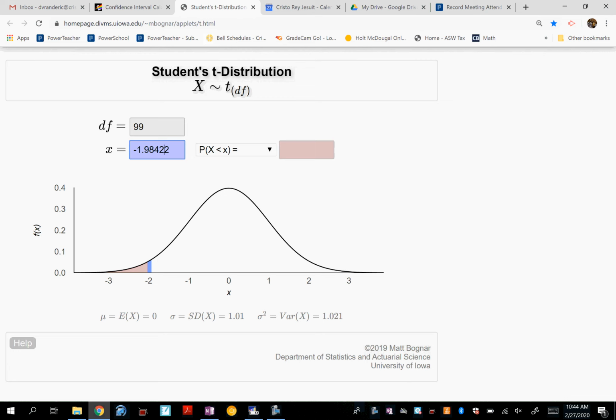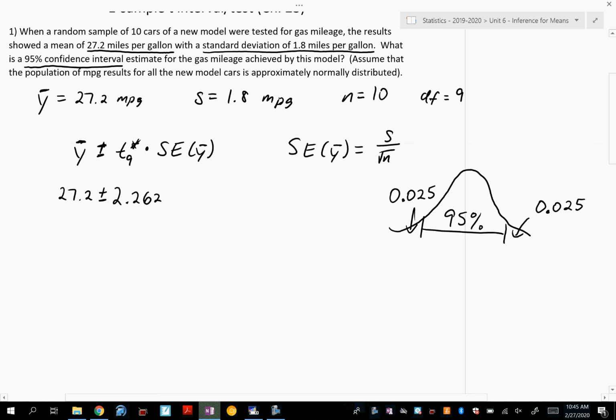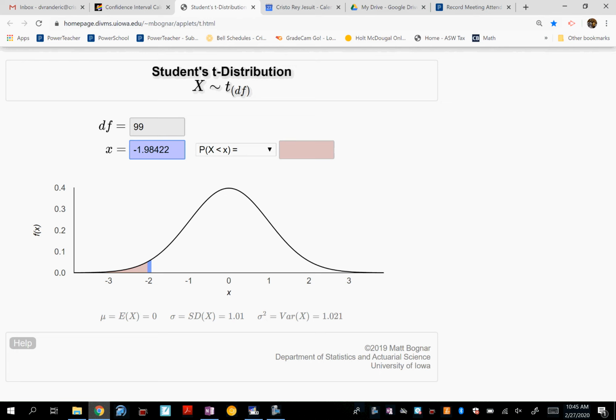Can't do that. So for the 95% confidence interval, it can't always be 1.96. So you want to know what it is going to be, because you know it's not going to be 1.96. Here's the problem: if I change the sample size, so the degrees of freedom change, then even if I use the same confidence level, this will change. So from now on, for means, you've got to use this link.